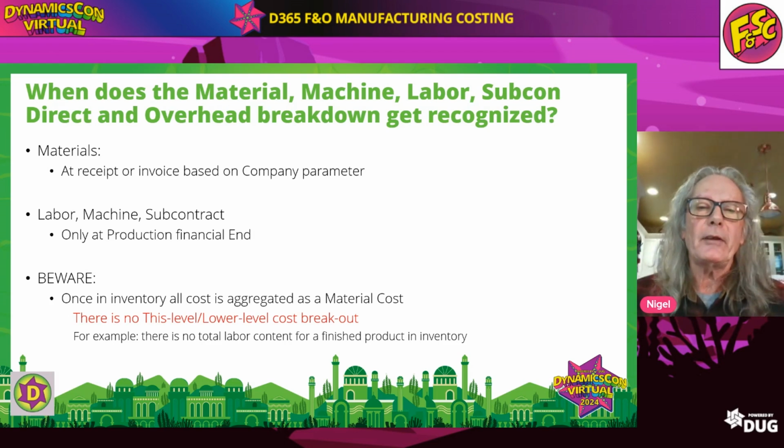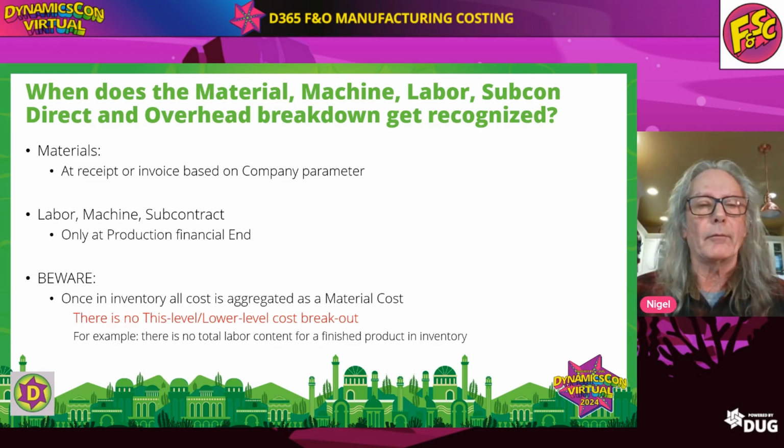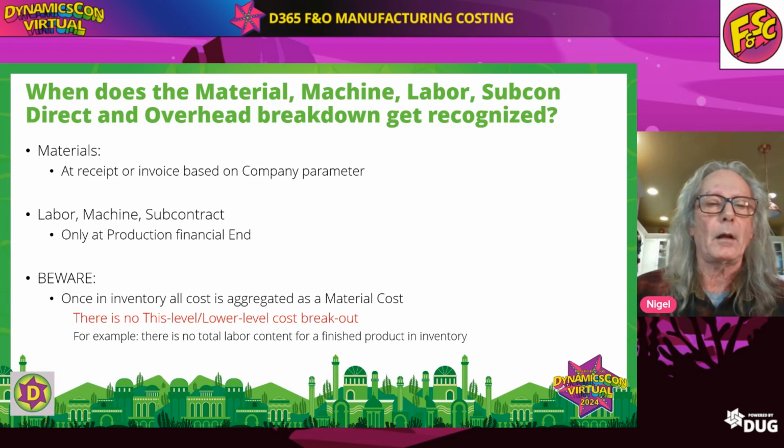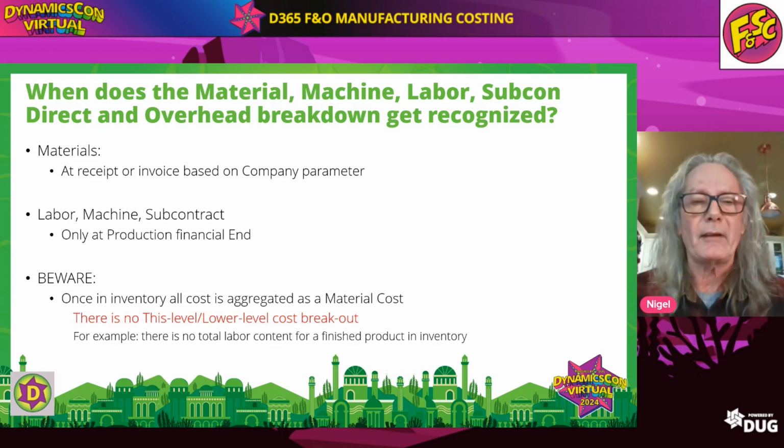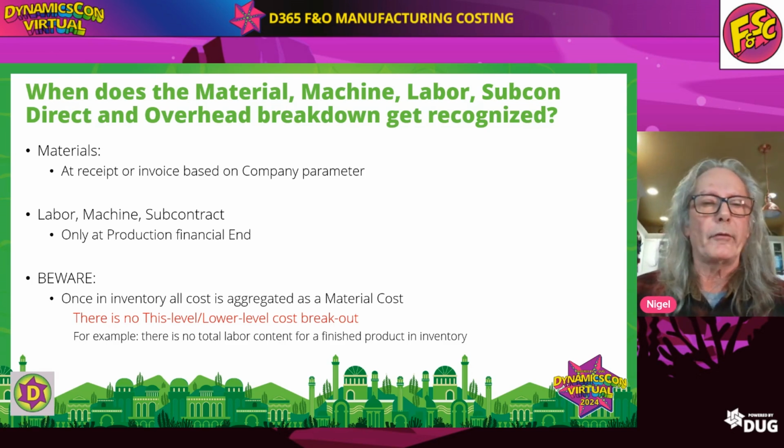When do the material, machine, labor, subcontract, direct, and overhead breakdowns get recognized? And this is actually a big deal. It's recognized at the order level. So a purchase order will have its breakdown. What was the material content? What was the direct content, and what was the miscellaneous charge content, or what was the overhead content?